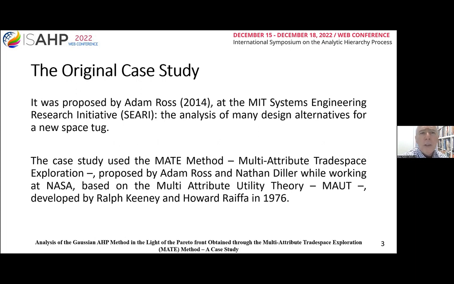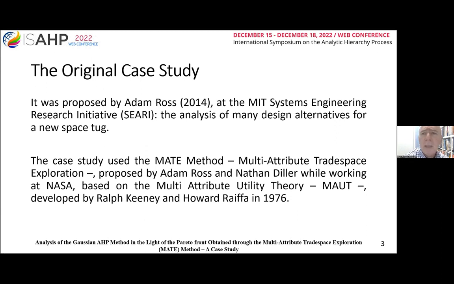But the original case study that we are going to discuss today was proposed by Professor Adam Ross in 2014 at the MIT Systems Engineering Research Initiative. The objective of the case study was to analyze many design alternatives for a new space tug.